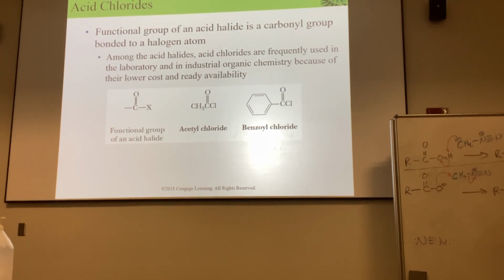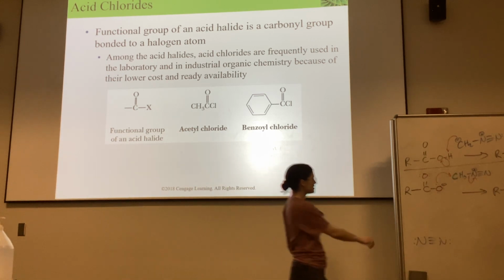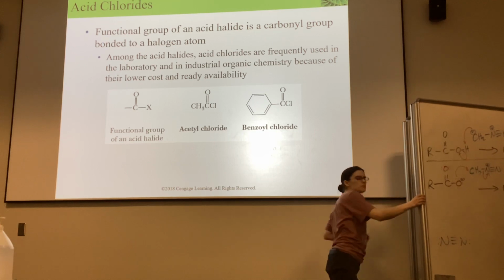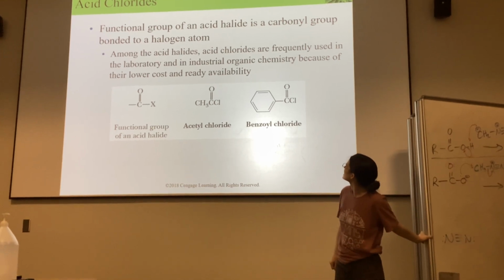Basically, derivatives of carboxylic acid are like a carbonyl, but there's something here that can eventually leave and allow all sorts of chemistry to happen. So, we can make this, and we have a mechanism for making this.